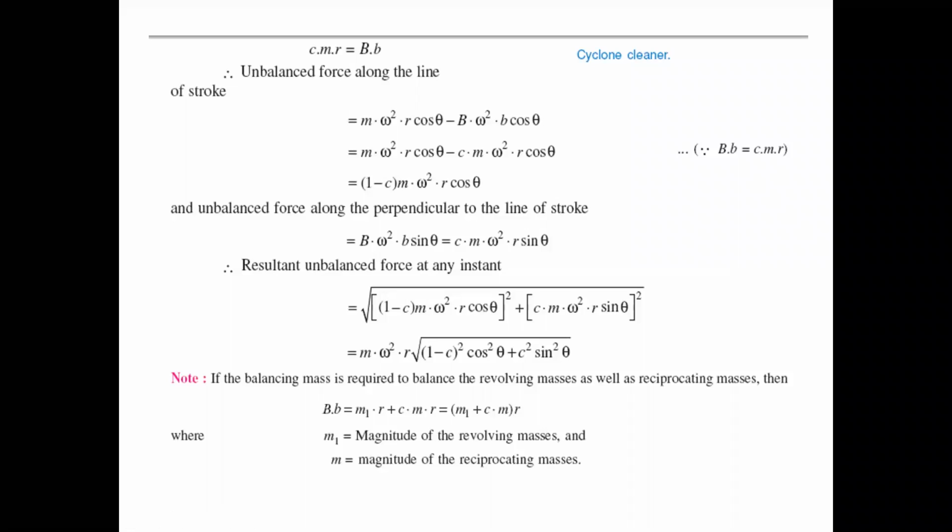If you want to find the balancing mass, simply substitute in this equation: capital B b equals (m1 plus c m) r.